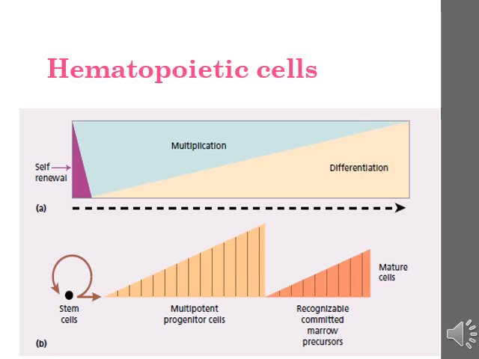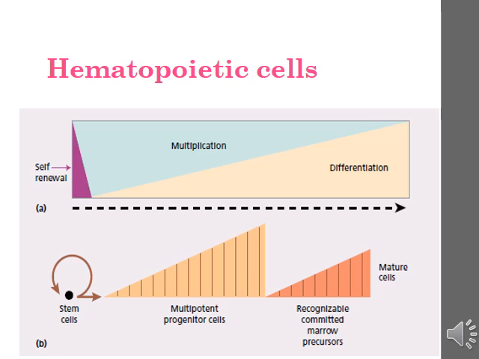So at the end differentiation is increased, and multiplication and differentiation move oppositely. Because the cells multiplied are more, differentiation at the end will be greater.